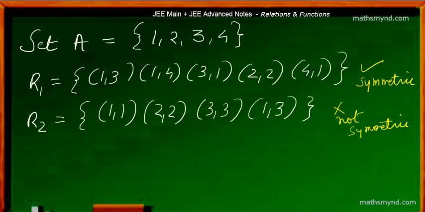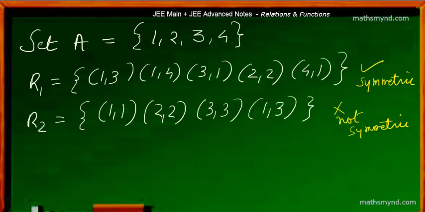Now let's take a simple example to clear the point. Take a set A consisting of elements 1, 2, 3, 4, and the first relation comes up. As you can see, for every ordered pair AB, there should be BA. So for 1, 3, you have 3, 1.